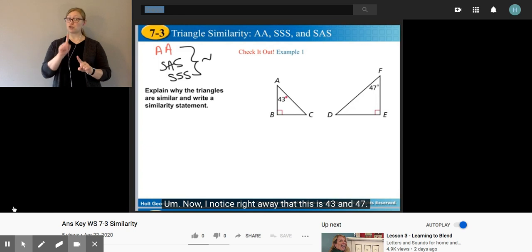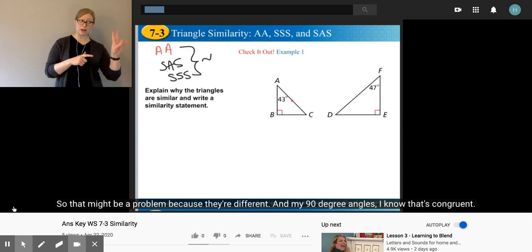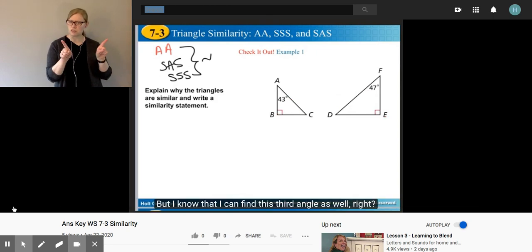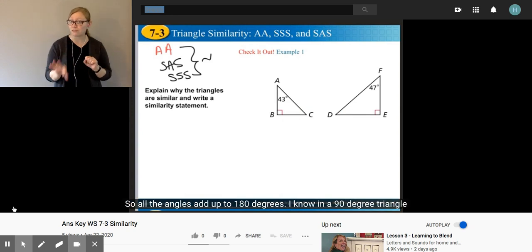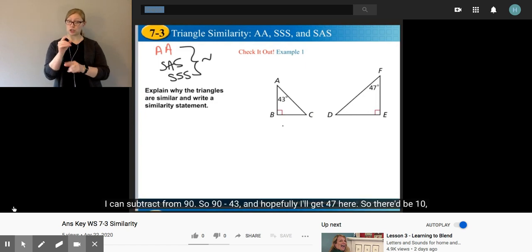Now I notice right away that this is 43 and 47, so that might be a problem because they're different. And my 90-degree angles, I know that's congruent, but I know that I can find this third angle as well, right? So all the angles add up to 180 degrees. In a right triangle I can subtract from 90. So 90 minus 43, and hopefully I'll get 47 here.